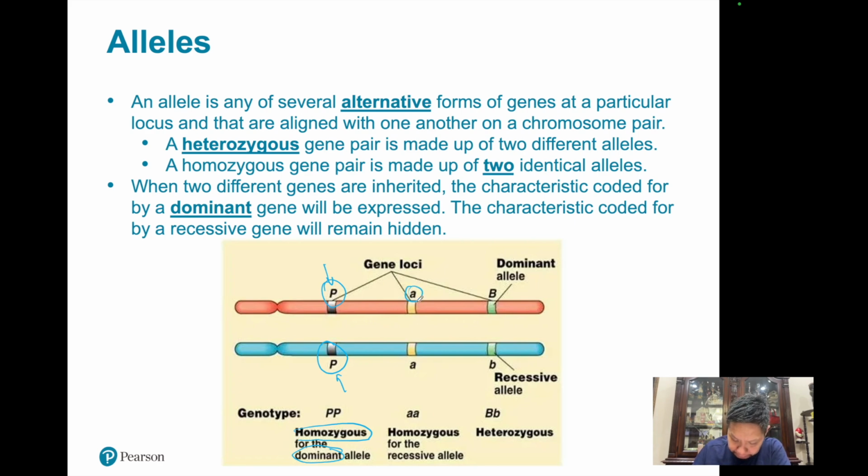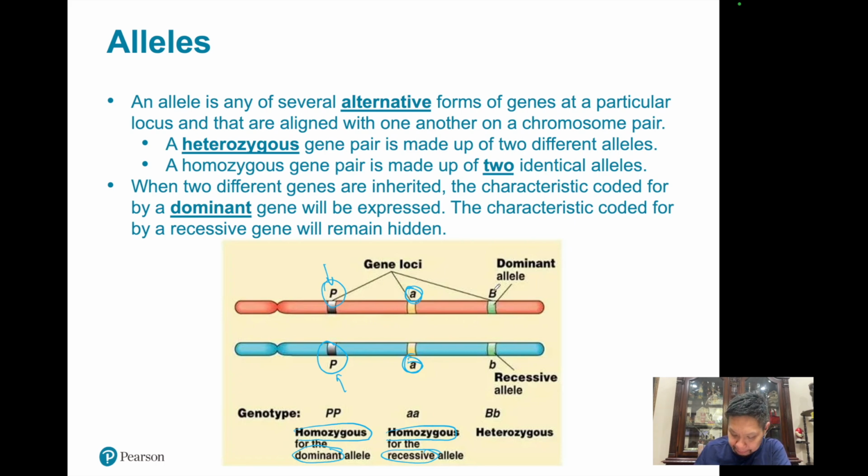Here at another gene, we have two little a's. Again, these alleles always come in pairs. Both of these are little a's, so again this is homozygous. And since they're two small a's, we call them recessive, so we call that homozygous recessive.